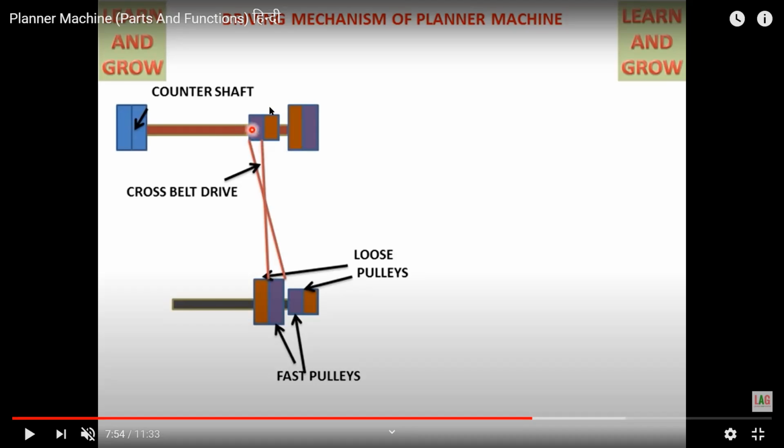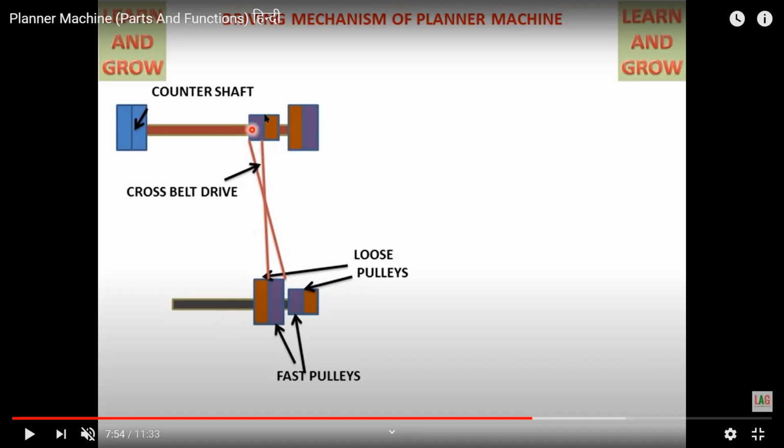So you can see here, this smaller pulley and this larger pulley are connected by a belt drive. That belt drive is called a cross belt drive. So why is it called a cross belt drive?